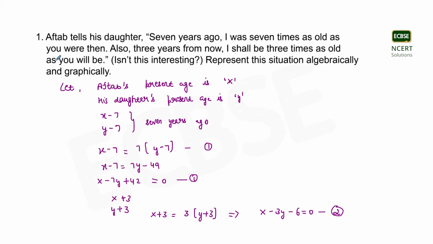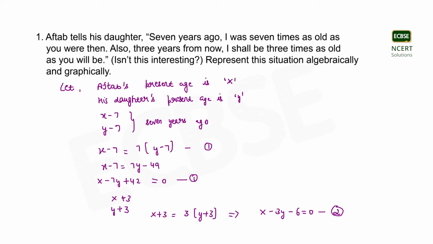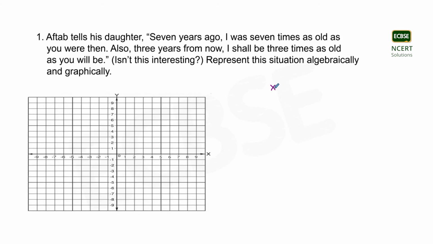And now the next step is to represent this situation graphically. So now we will be working on the graph in order to represent these equations. The first equation was x minus 7y plus 42 is equal to 0, right?